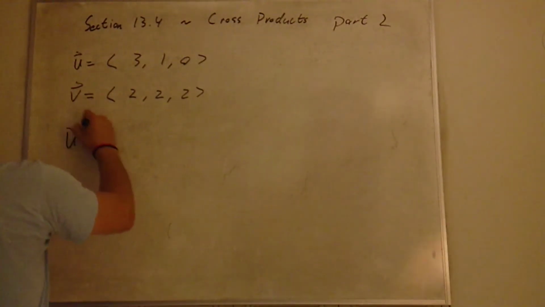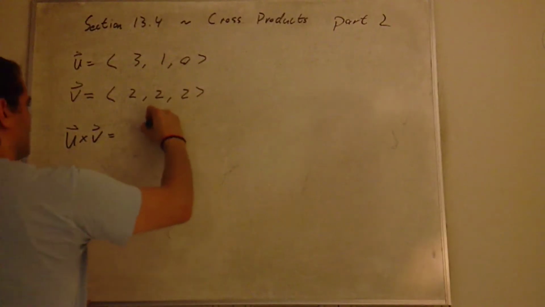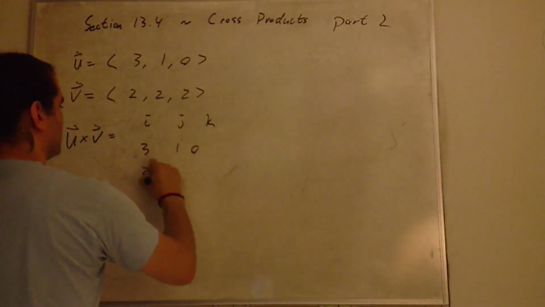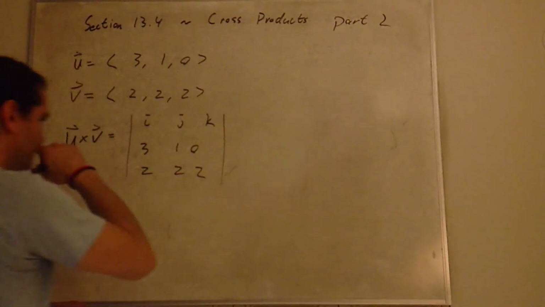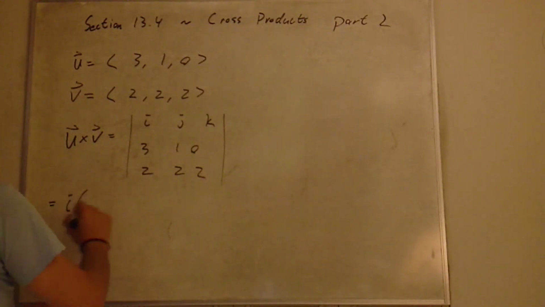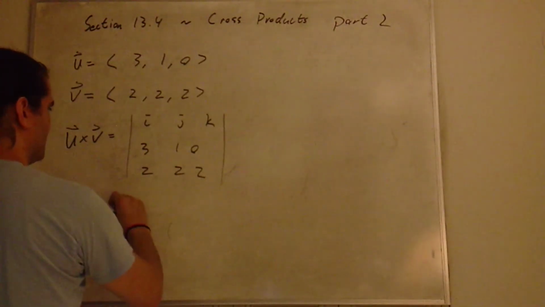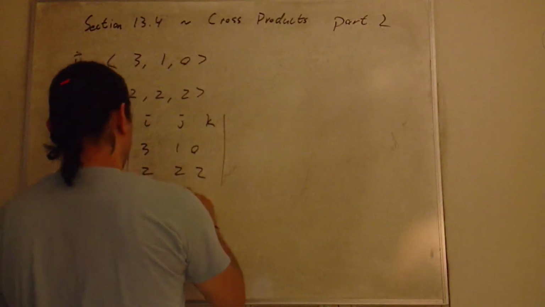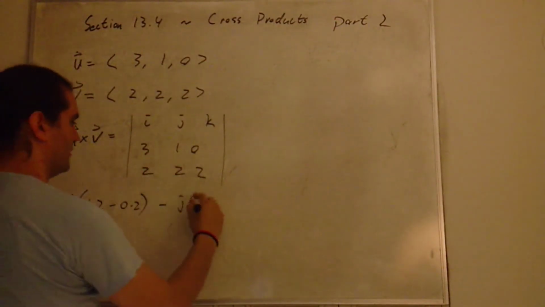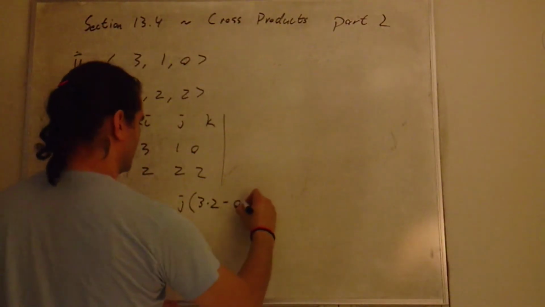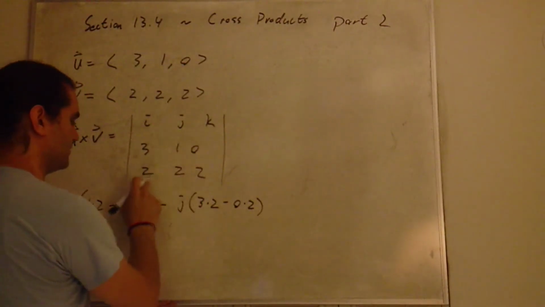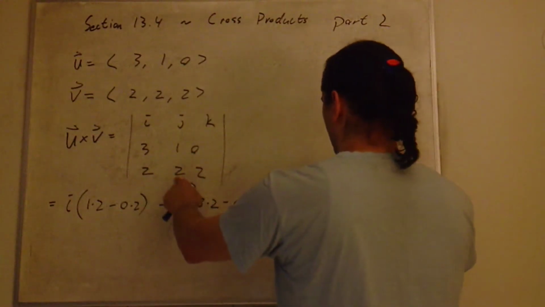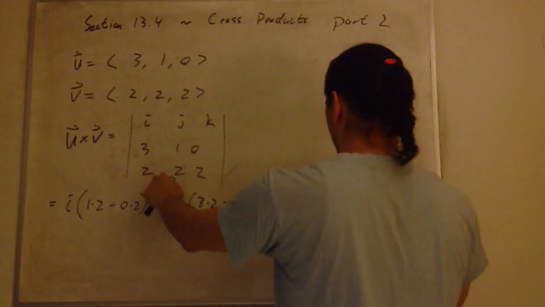So I'm just going to do U cross V by creating this 3 by 3 matrix, I, J, K, 3, 1, 0, 2, 2, 2, which is I times 1 times 2 minus 0 times 2 minus J times 3 times 2 minus 0 times 2, plus K times 3 times 2 minus 1 times 2.